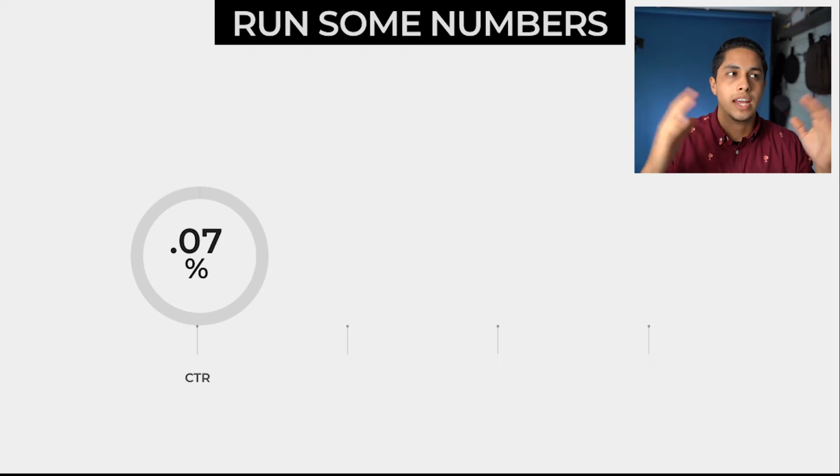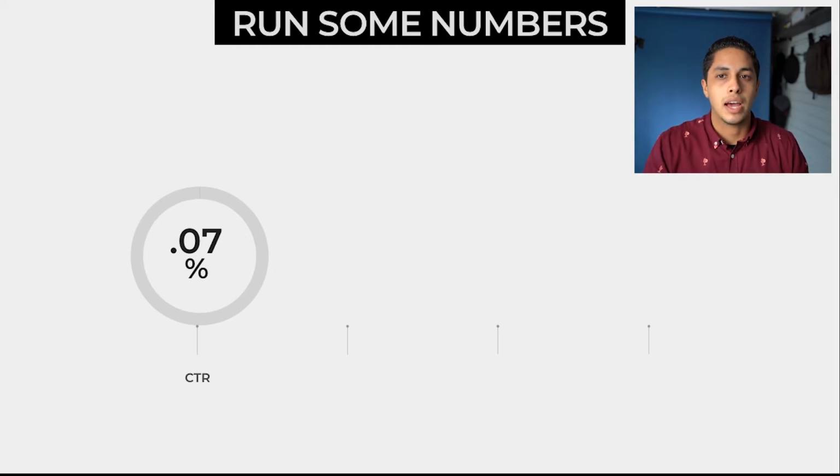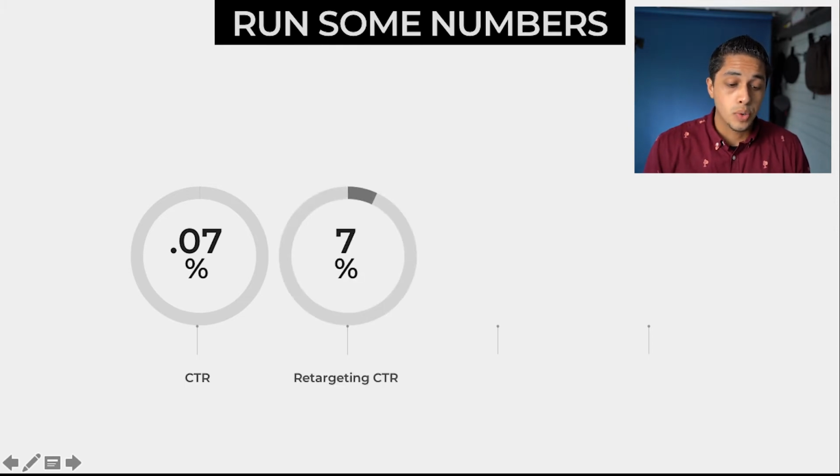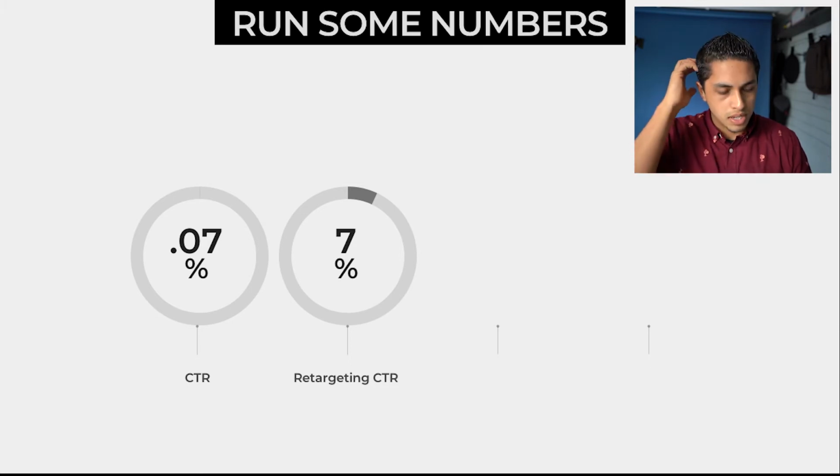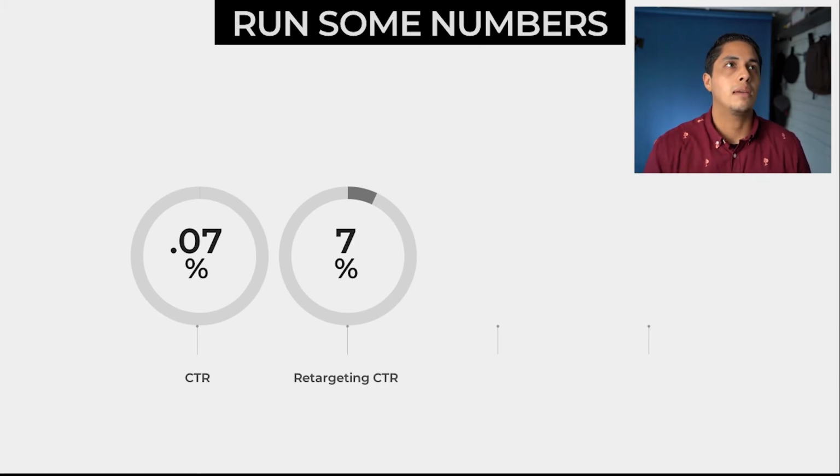If you have enough data gathered, you can figure out how to have higher click-through rates, but on average, 0.07%, you can barely see any little line there. There's really nothing there. The typical retargeting click-through rate is about 7%. That would be like people who came to your website and you retargeted them, about 7% of them convert.